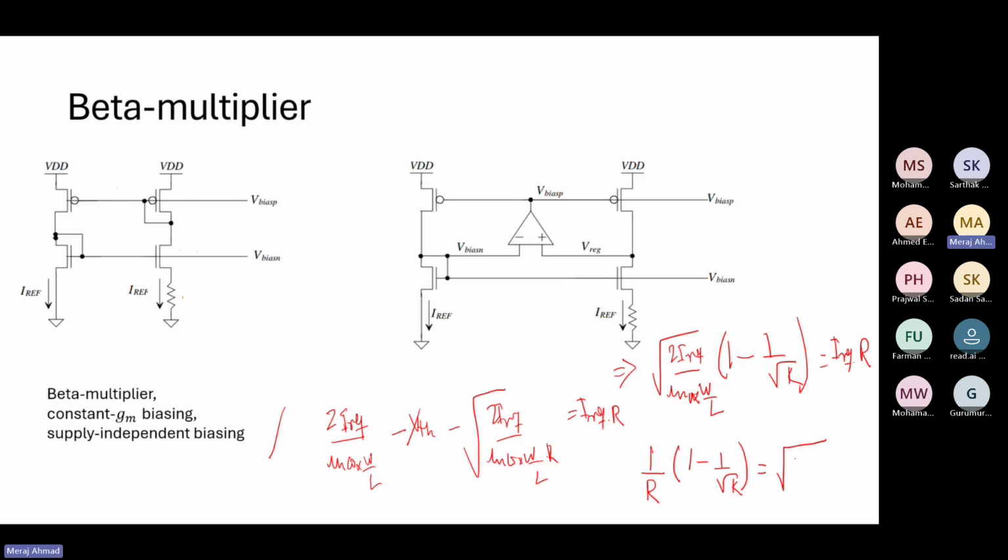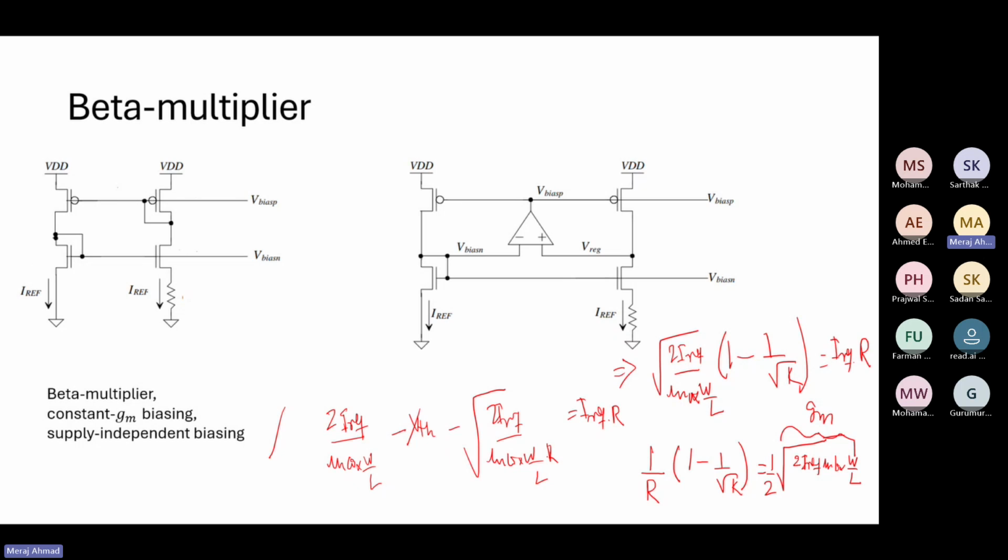So can we write this like this? 2 IREF mu Cox W by L, and this 1 by 2. Just arranging this, if you see this term, this is the gm.